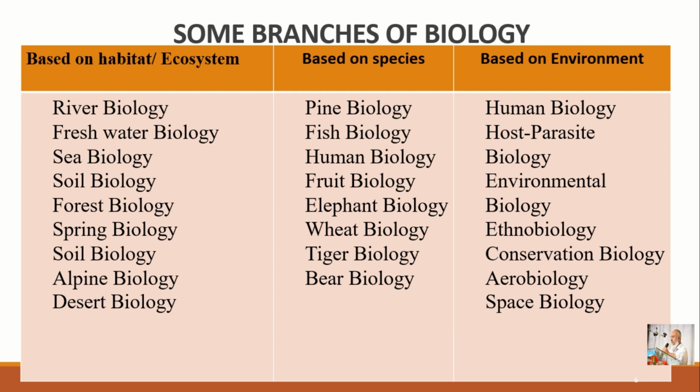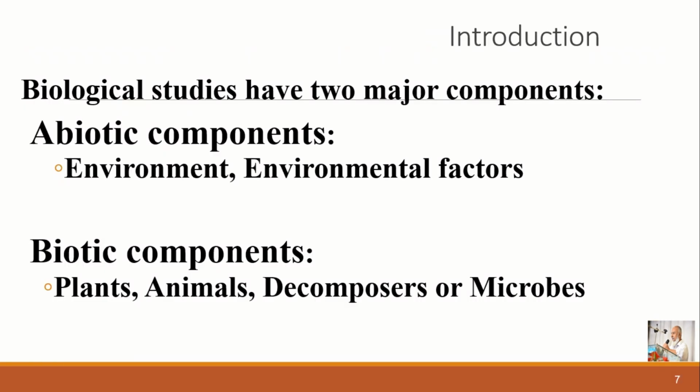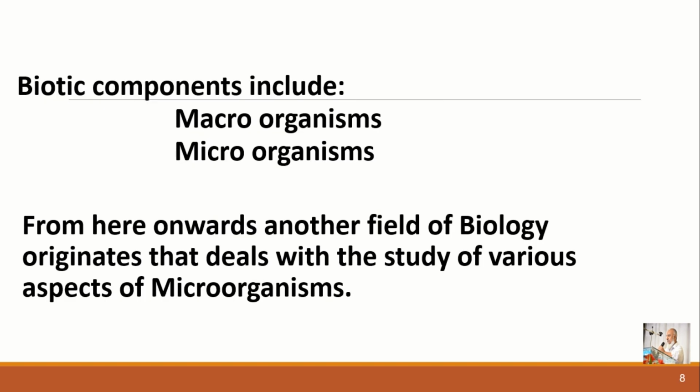So, whatever animal is there, his or her study is a biology. Biological studies have two major components: the abiotic component, which is the environment and environmental factors; and the biotic component, which is plants, animals, decomposers or microbes.